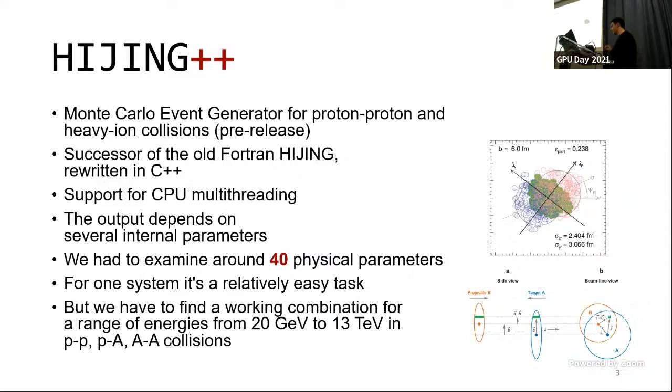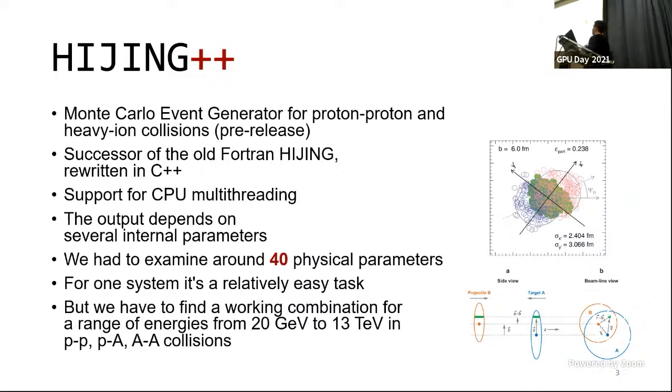For one system, it's really easy to calibrate an event generator. One system means a fixed energy and a fixed system, for example a proton-proton collision, and for example 5 analyses from experimental data.